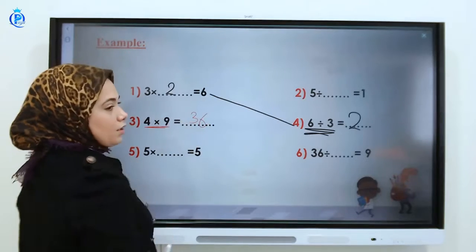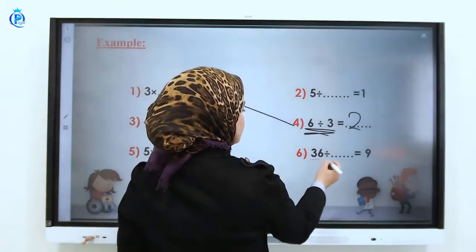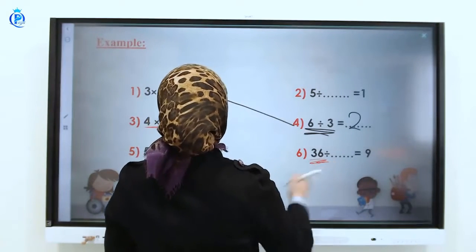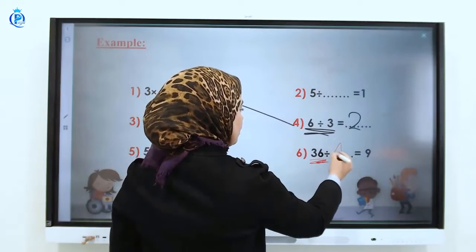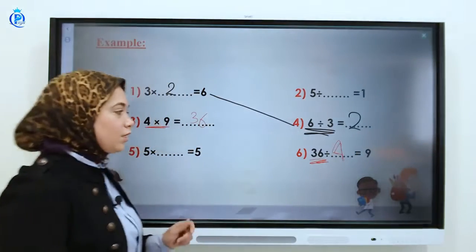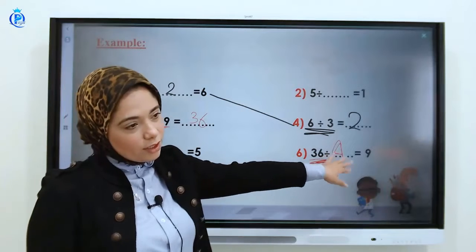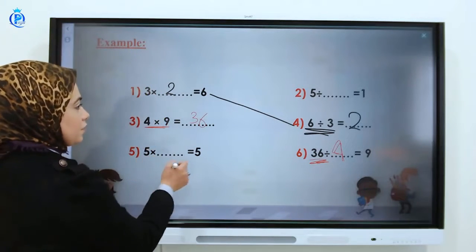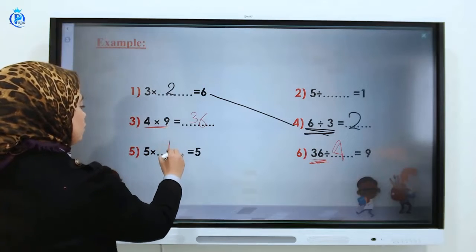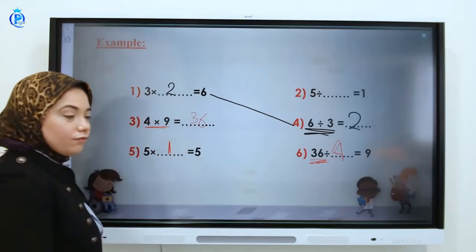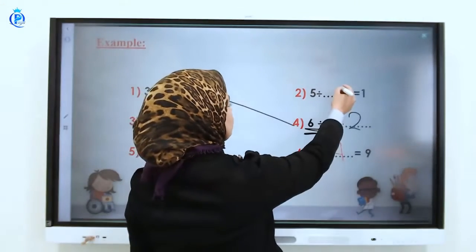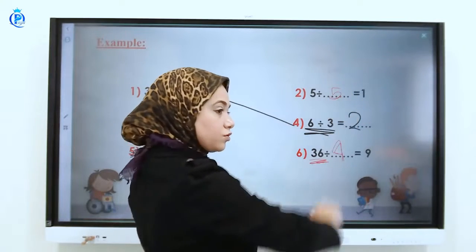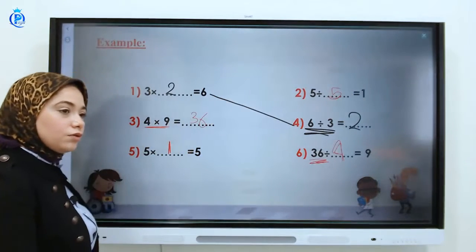On the other hand, 36 divided by 4 equal to 9. 5 times what equal to 5? 5 times 1 equal to 5, or 5 divided by 5 equal to 1. Right or wrong?